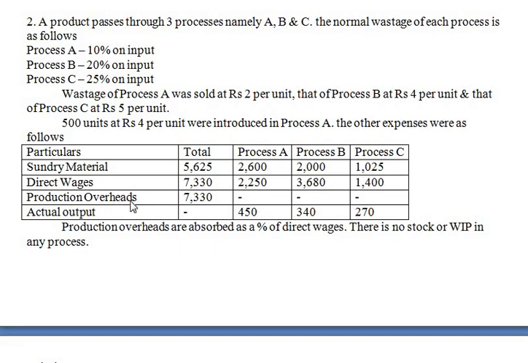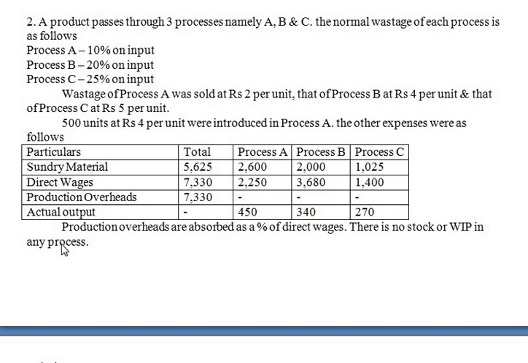But related to production overheads, only the total amount is given. But this should be distributed in what ratio? That is given below this. Production overheads are absorbed as a percentage of direct wages, so it is according to direct wages. There is no stock or work in progress in any process.